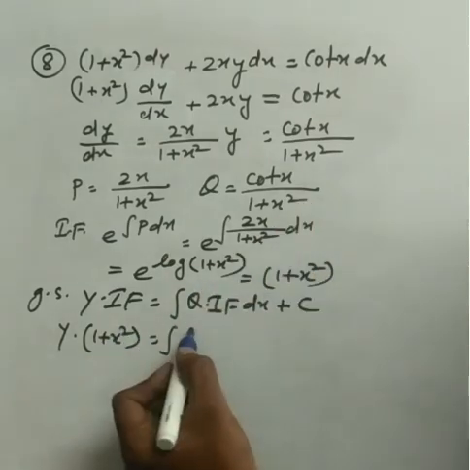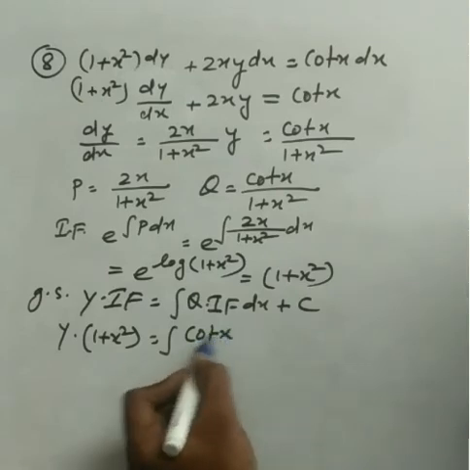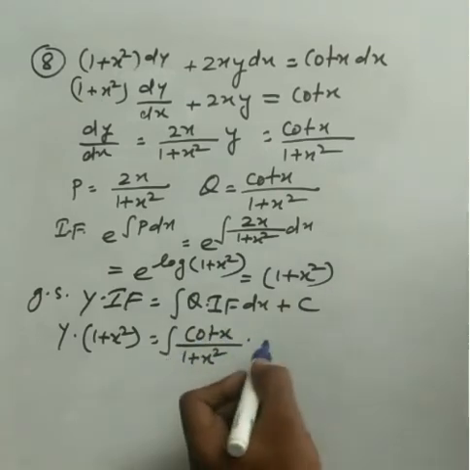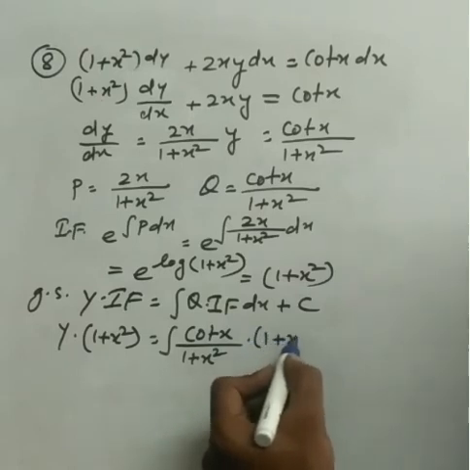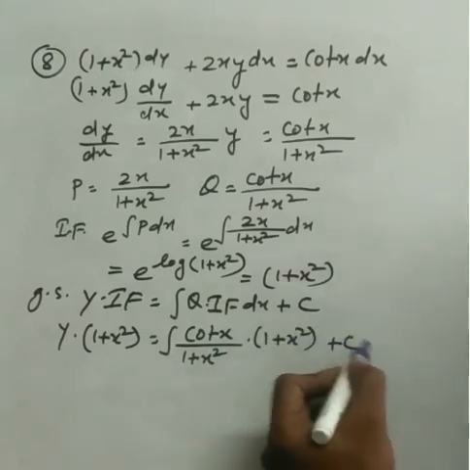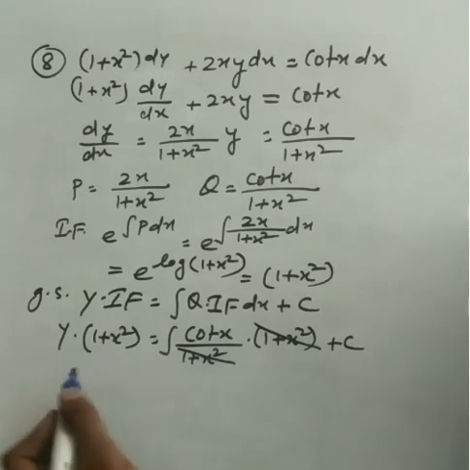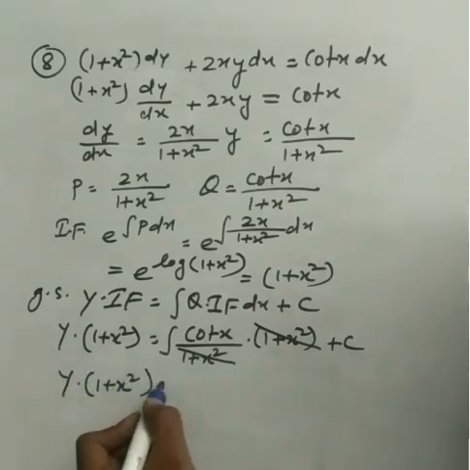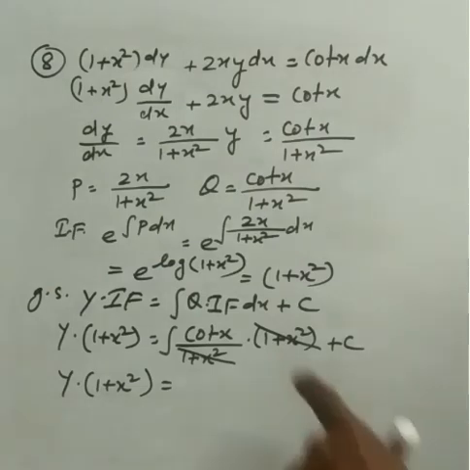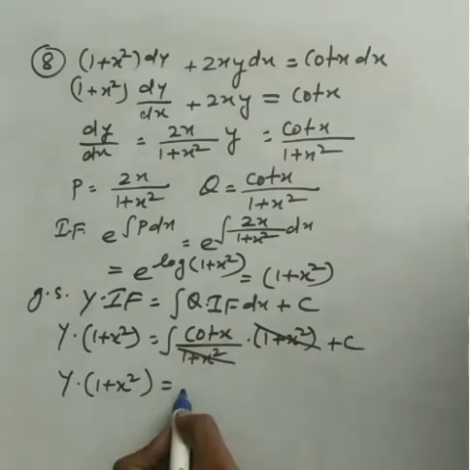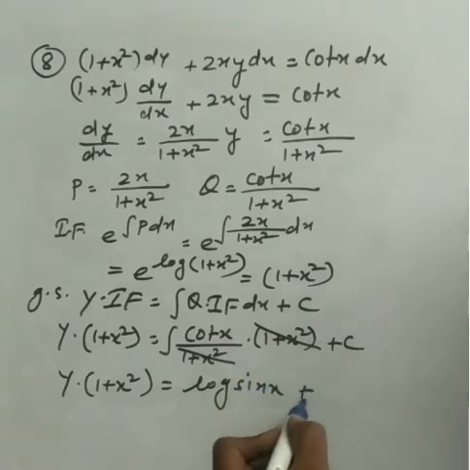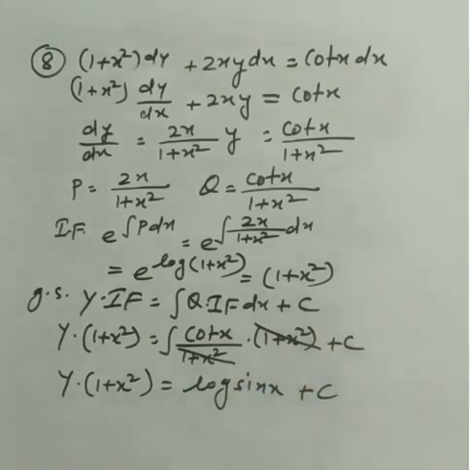Integration of q is cot x upon 1 plus x square, IF is 1 plus x square, plus c. Cancel these two. Y into 1 plus x square equal to integration of cot x. Integration of cot x is log of sin x plus c. This is the answer.